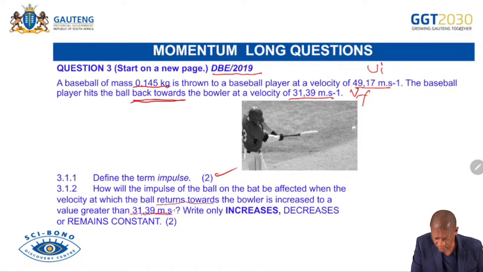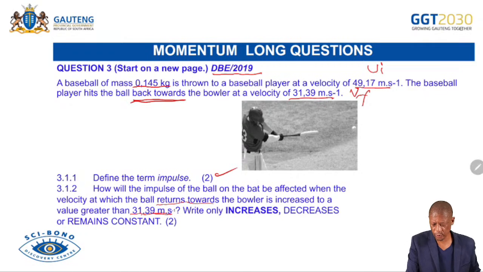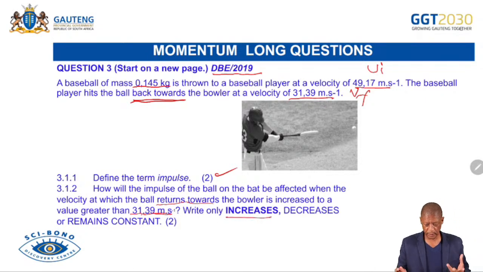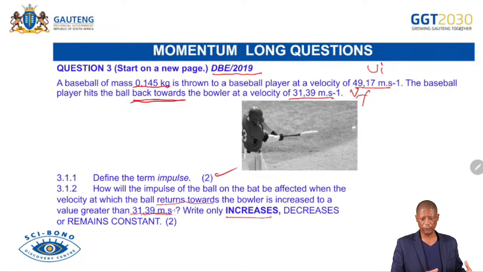So what is going to happen? The impulse is going to increase, isn't it? It's returning, so it cannot move the same as it was, right?